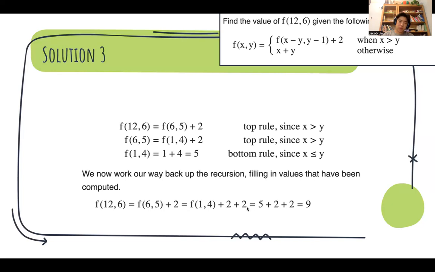So another way you can think of this, right? f of 12 comma 6 is equal to f of 6 comma 5 plus 2, which is equal to f of 1 comma 4 plus 2 plus 2, because you're essentially taking this plus 2 and putting it here.